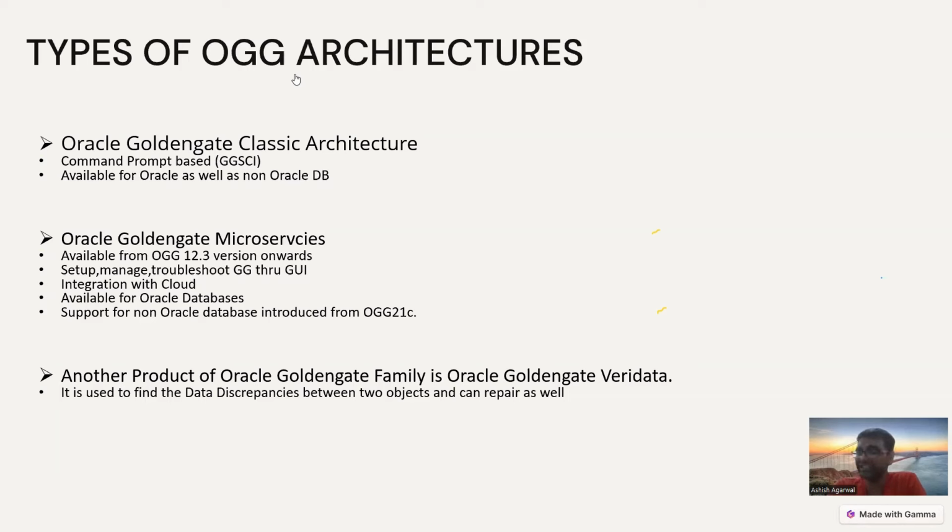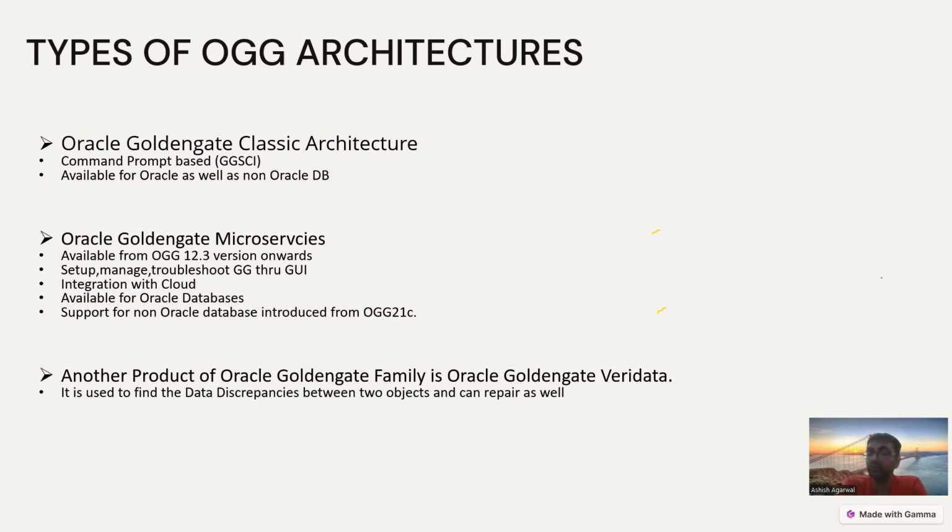But mainly Classic architecture is promoted as a command prompt based architecture. One more thing: classic architecture has been deprecated post 21c. From 23ai onwards, it's only microservices architecture. So the latest version of classic architecture is Oracle GoldenGate 21c.